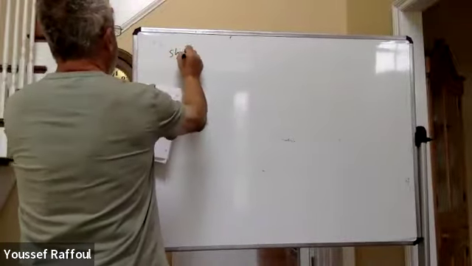Then for a positive integer k, we have that the Z transform of a_n delayed by k, u_n of k, is equal to z to the minus k times A(z).